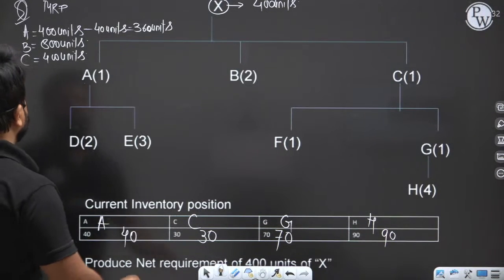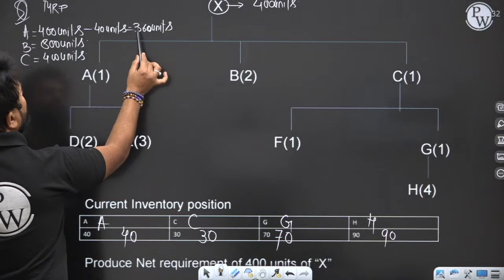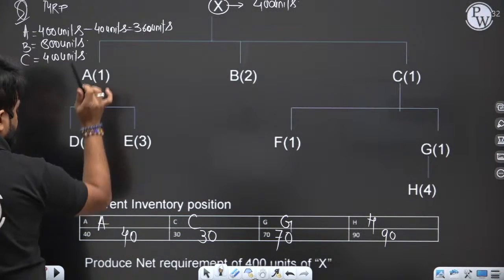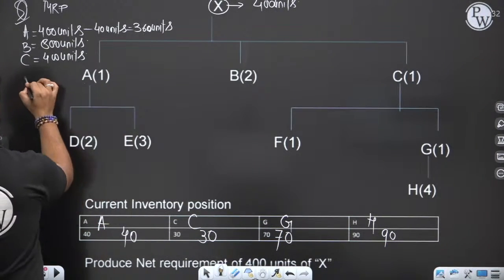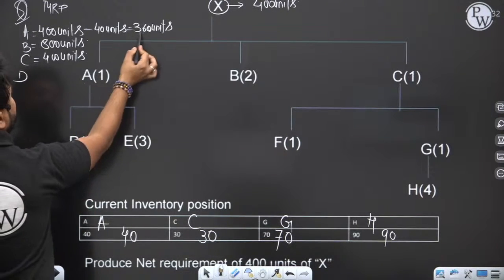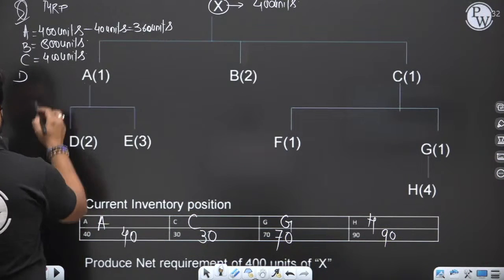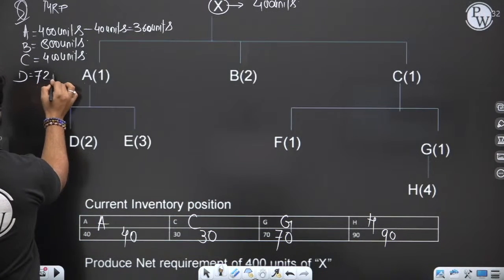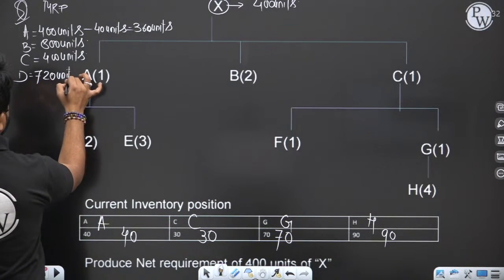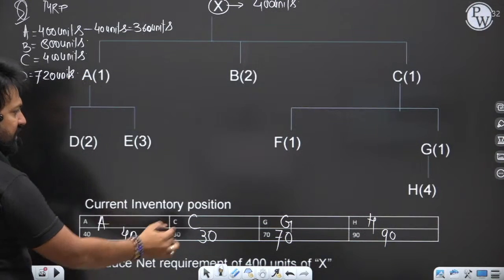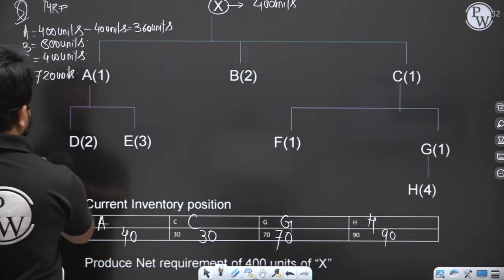Am I clear? For the remaining ones you have to order. Now for 360 of A, how much D is required? 1:2 means twice of this. So twice of 360 is 720 units, and in the inventory D is not there.